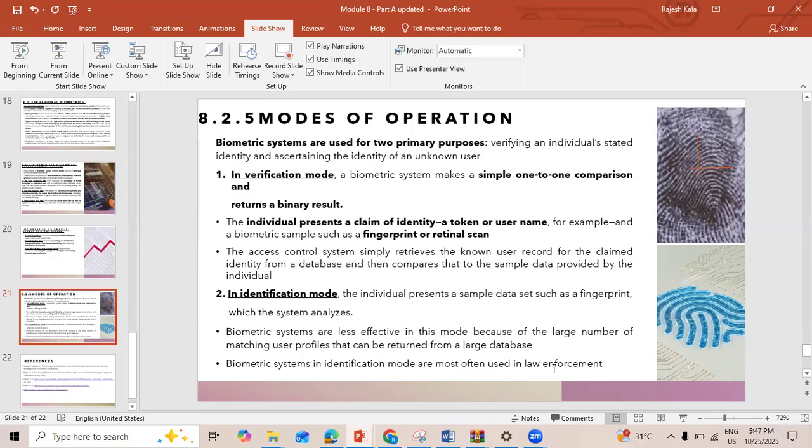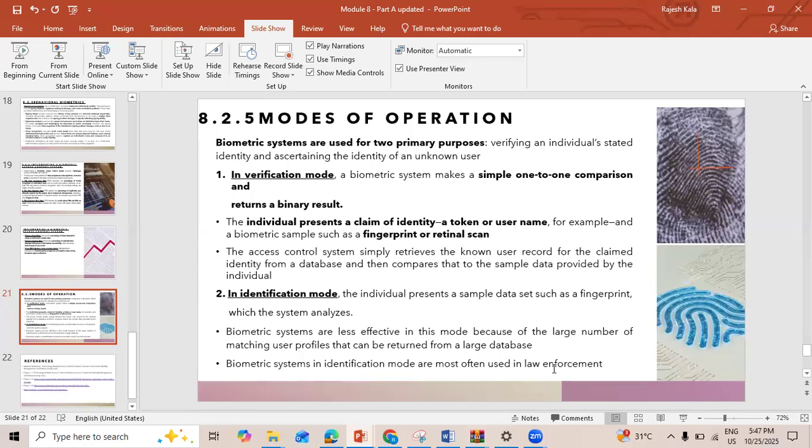Now they got some fingerprints and want to find whose identity this is. Who is the owner of this fingerprint? For that, they will have a big database of all the criminals registered in that country, and they will check whether this particular fingerprint belongs to someone. So they will go to the big database and identify which one it matches with.